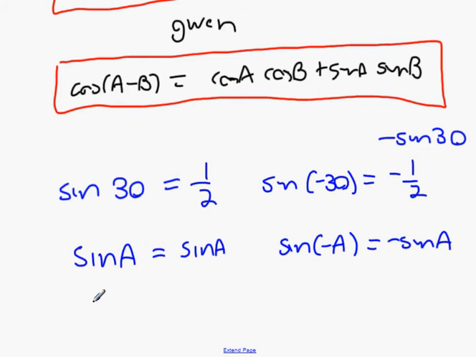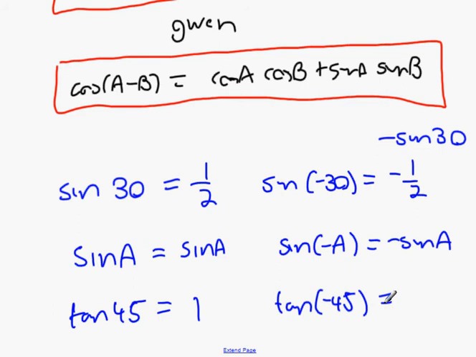Let's try tan now. Tan 45 equals 1. I'm just taking any arbitrary tan value; it could be 50, 60, 70, 30, 40, it doesn't matter. Can anybody tell me what tan of minus 45 is going to be? Minus 1.